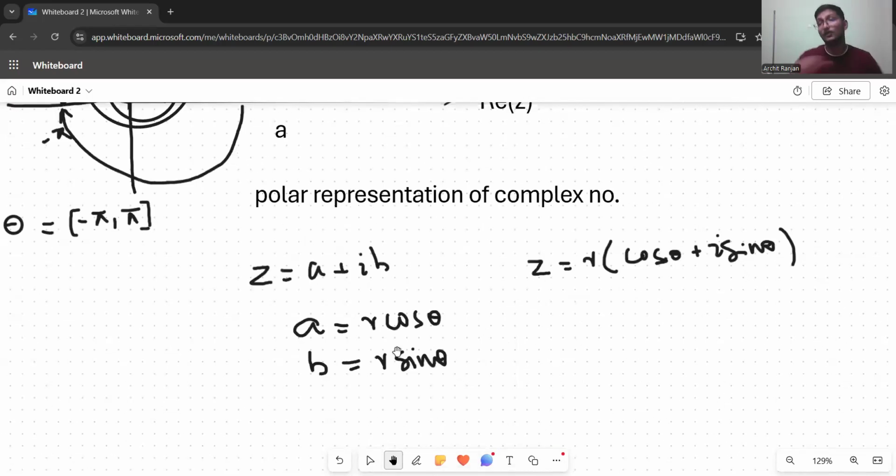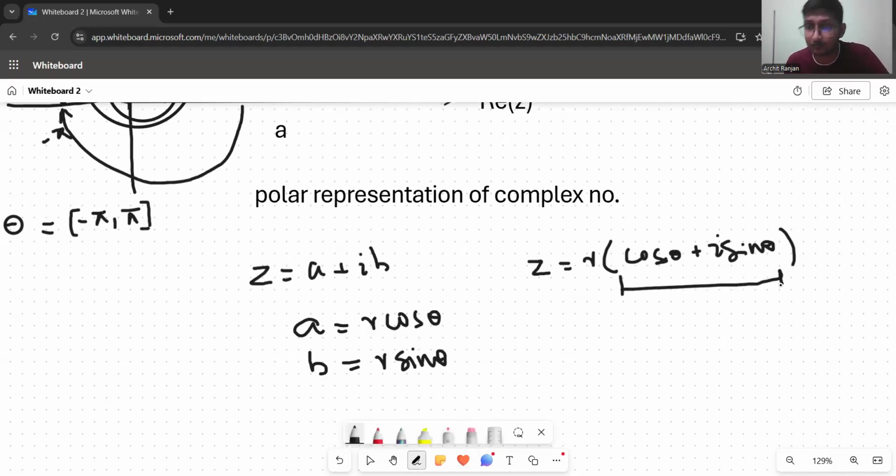Okay, now Euler went one step ahead and said, I can simplify this further. How? Well, what about this term? We can simply say, I will denote cos theta plus iota sin theta as e to the power i theta. Now we have a new form, r into e to the power i theta.